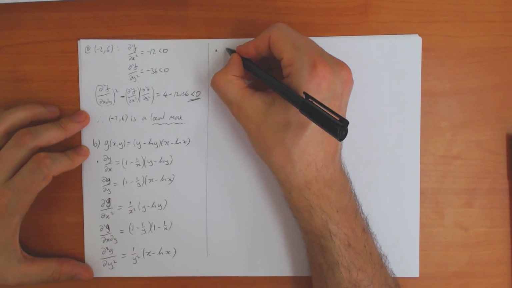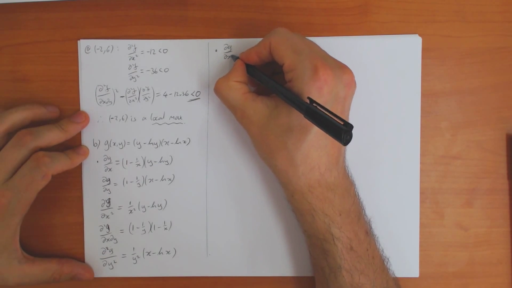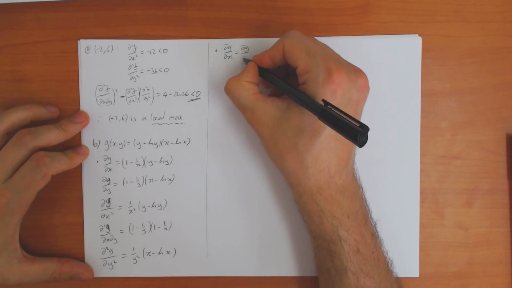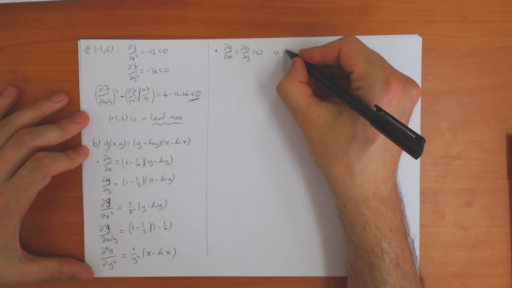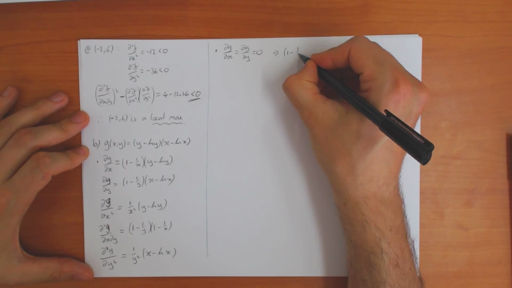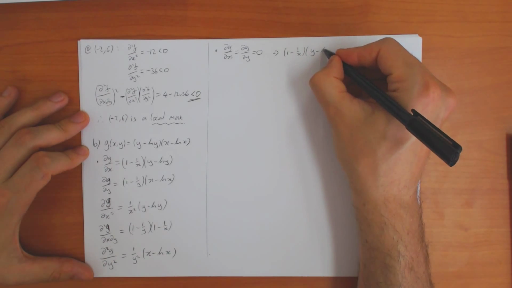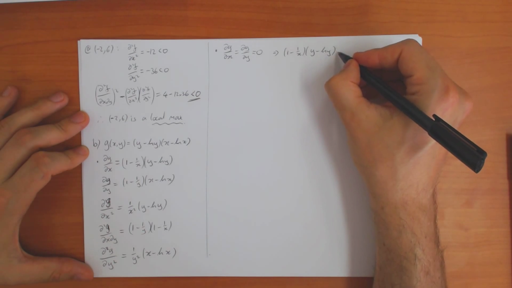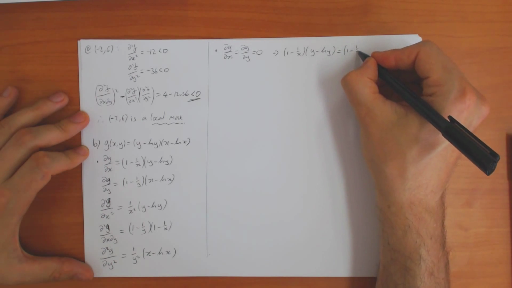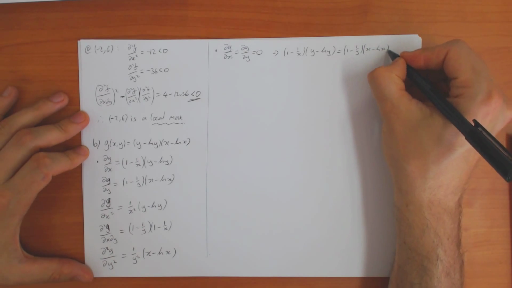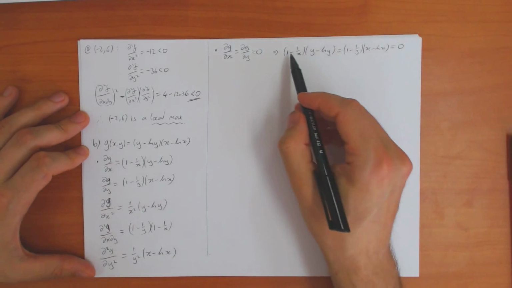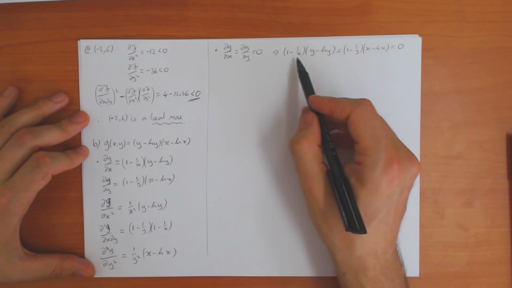So first of all, we need to solve first derivatives as 0. Okay, so that means 1 minus 1 over x times y minus log y equals 1 minus 1 over y times x minus log x equals 0. So it means that one of these is 0 in each case.